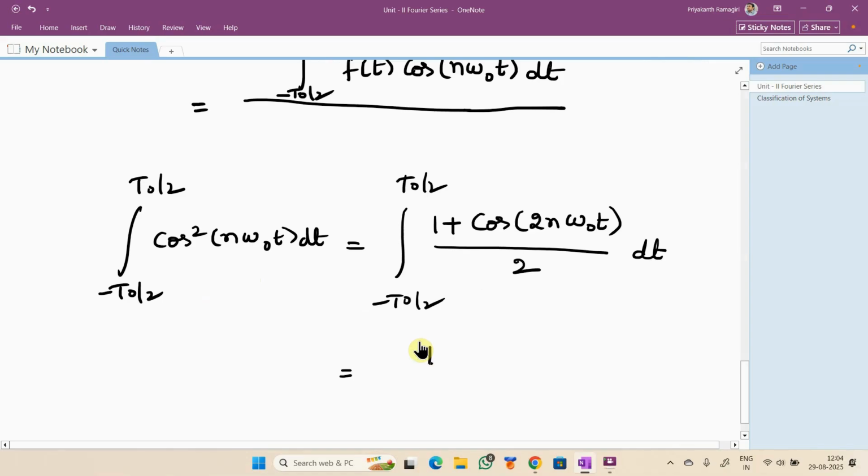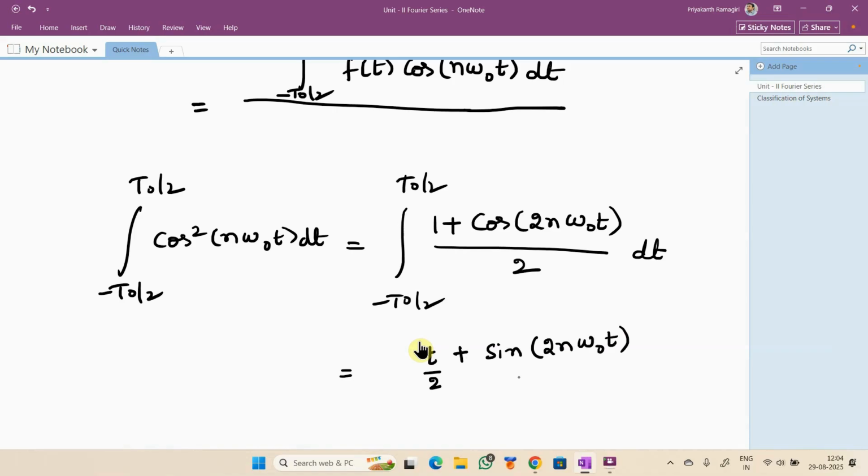The first one is T naught by 2. Maybe I can write this as 1 by 2. What is the cos integral? Sine.